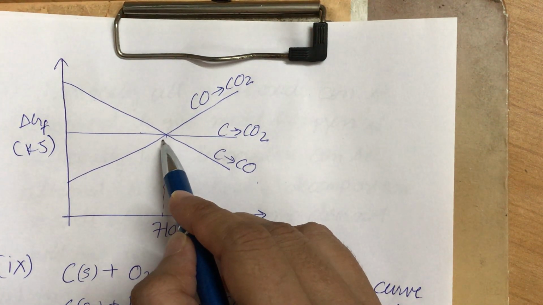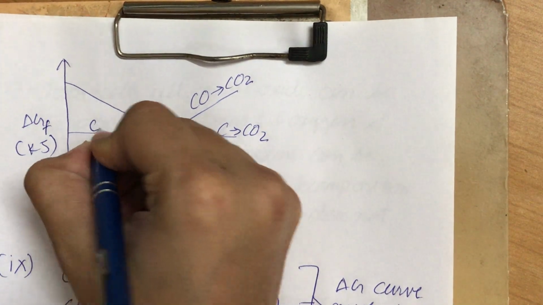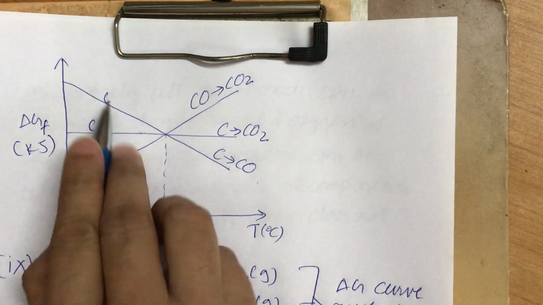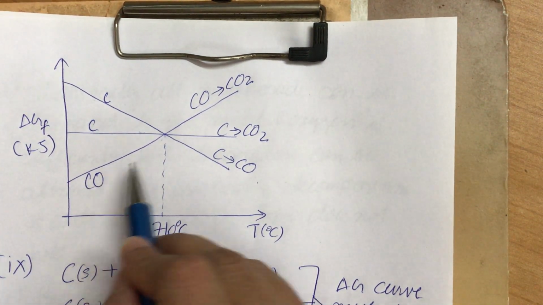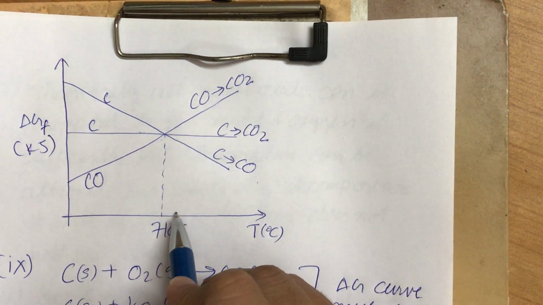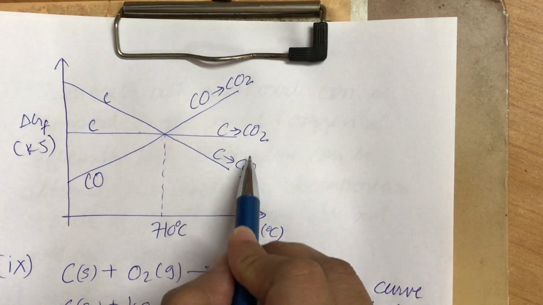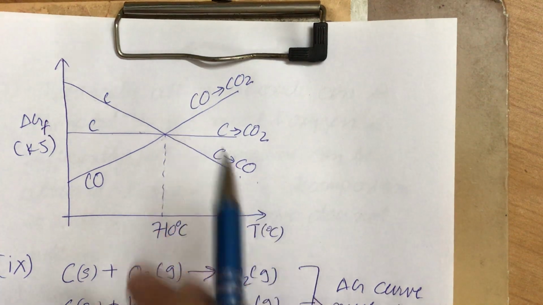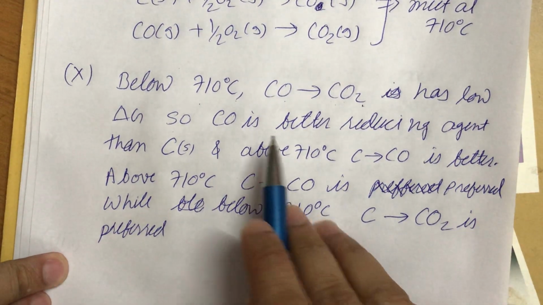Carbon monoxide is a better reducing agent than carbon. So this line is for CO, and these are for C giving CO2 and C giving CO. Whichever line is present below is the better reducing agent. But after 710 degrees Celsius, the C giving CO line is present below, so carbon is a better reducing agent than carbon monoxide. Clear?